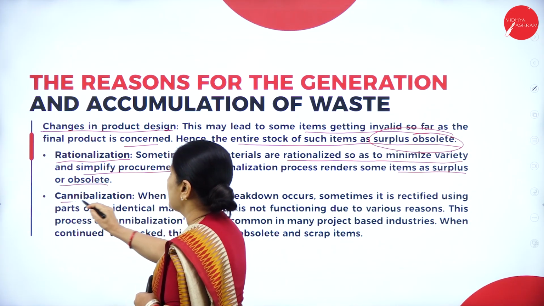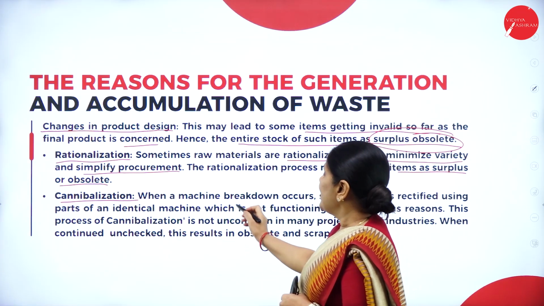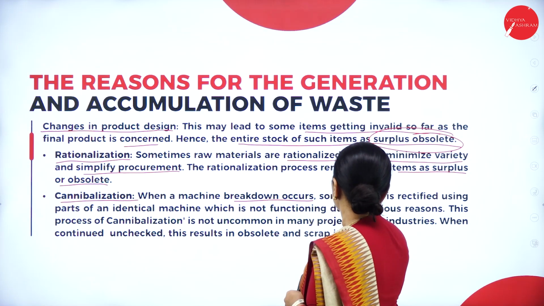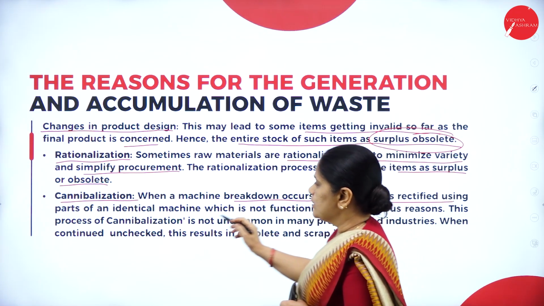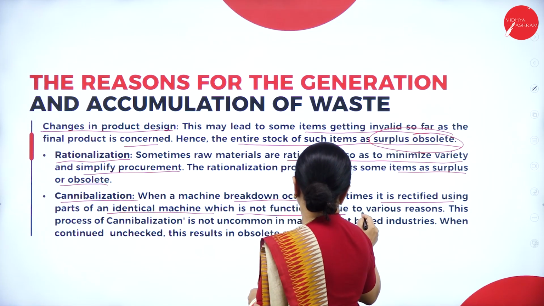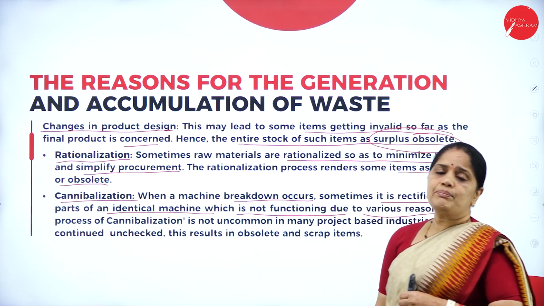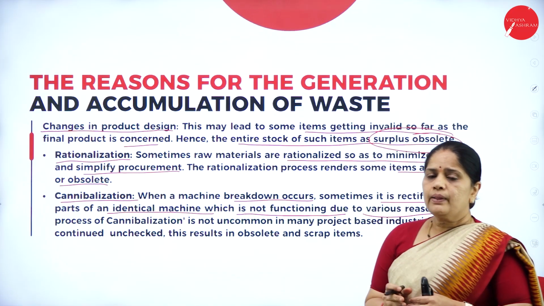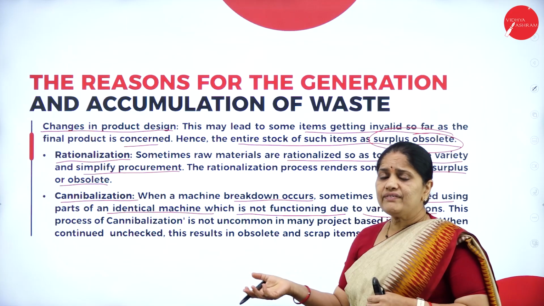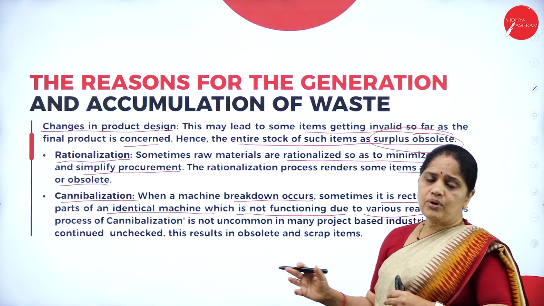The third one is cannibalization. Now what is this cannibalization? When a machine breakdown occurs, sometimes it is rectified using parts of an identical machine which is not functioning due to various reasons. If there is a breakdown in one of the machines, then we will make use of the parts of a machine which has already broken down.